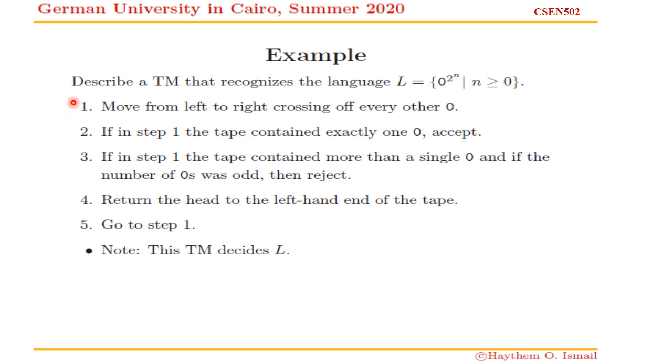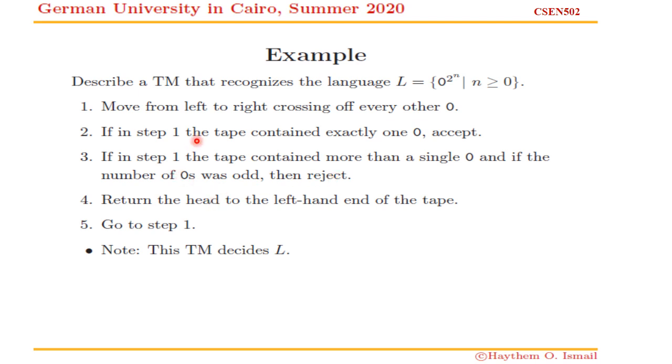So here's how this Turing machine will work. You move from left to right, crossing off every other 0. If in that step the tape contained exactly a single 0, then you accept. However, if in that step the tape contained more than a single 0, but the number of zeros was odd, then you reject. How do you know that it was odd? By basically skipping a 0 and not finding a 0 to cross off. Okay? Then you reject.